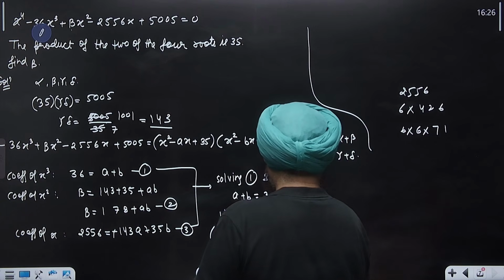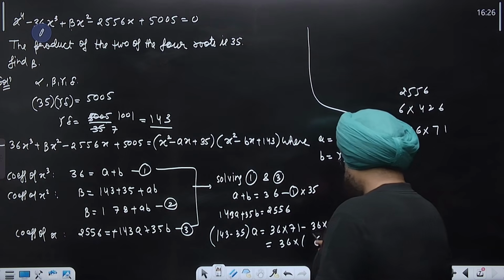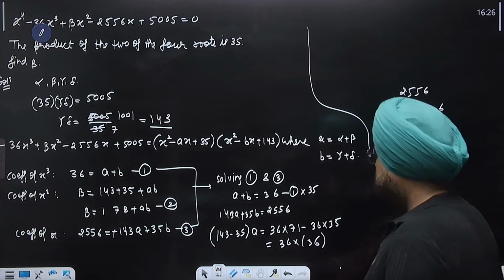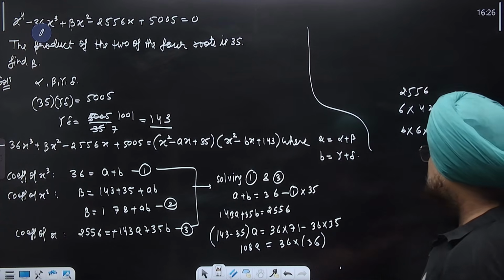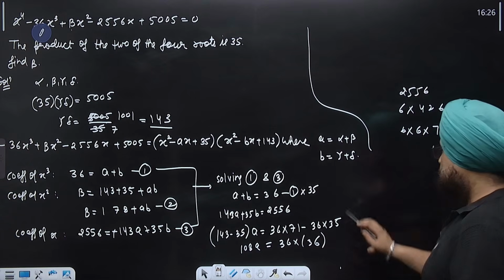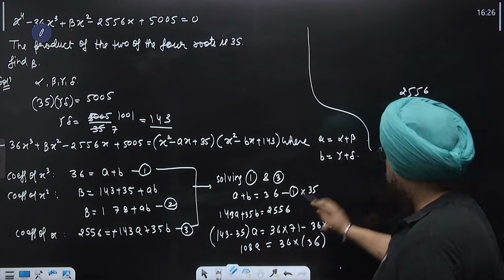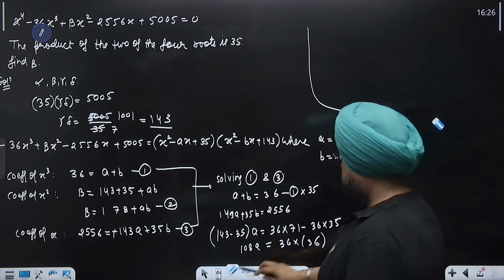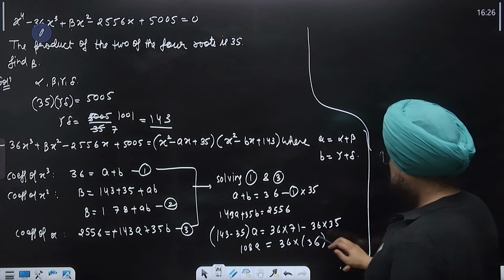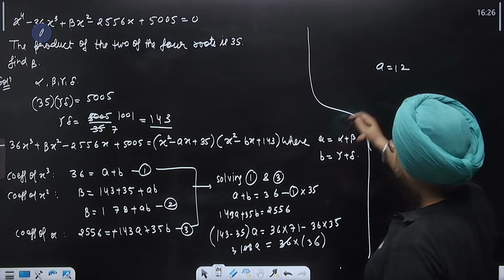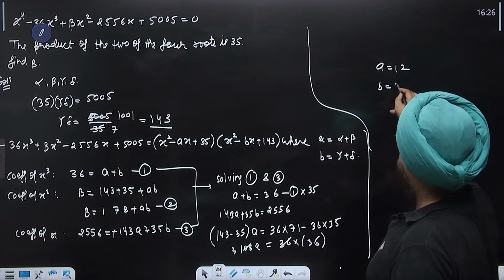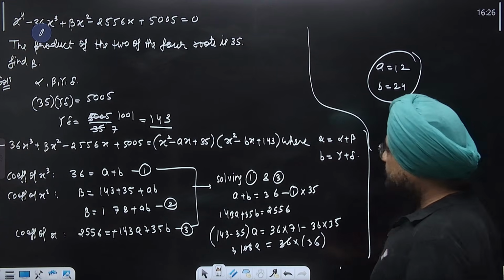So this will become 36 into 36. So the value of A will become 12, and by putting this in the equation, B will be 24.